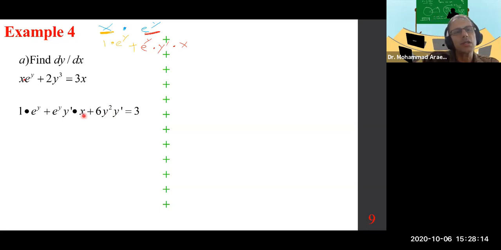So just these 2 pieces, take the y prime out and move this one. When you take the y prime out, the first piece gives you e to the power of y and x, so you put the x in front. The second one, simply put, gives you 6y squared. And e to the power of y goes to the other side, becomes negative.